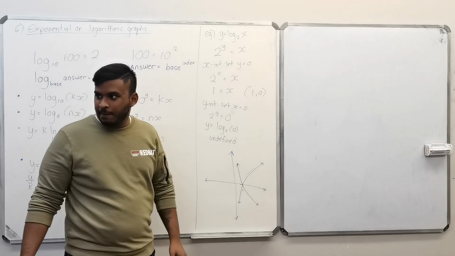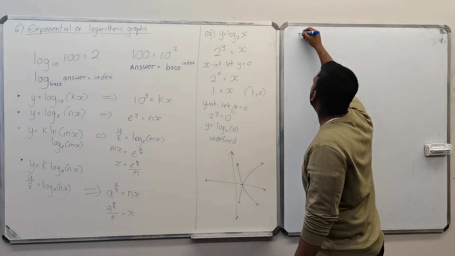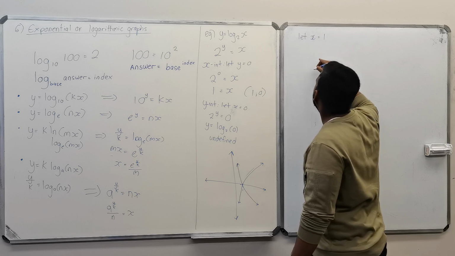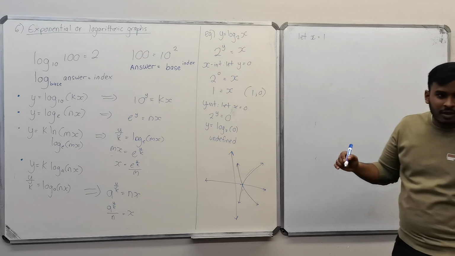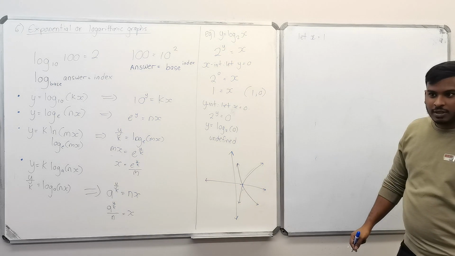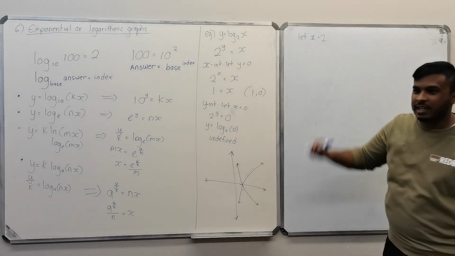Okay, so what you do, just say for example you let x equal to 1. If you let x equal to 1, and you substitute it into it, what's going to happen? You're going to get y equal to 0, so don't choose x equal to 1. Say let x equal to 2.